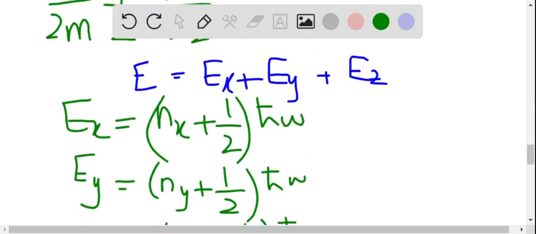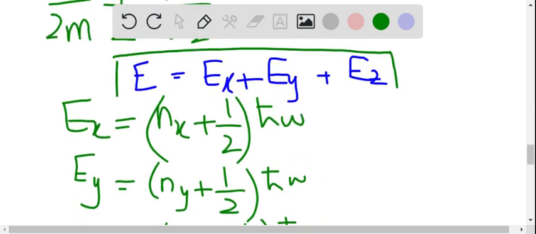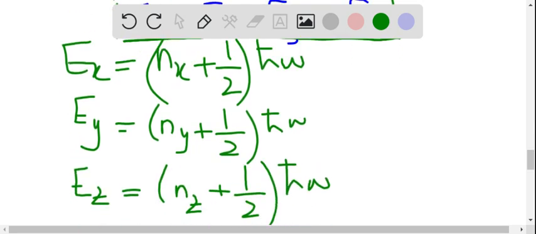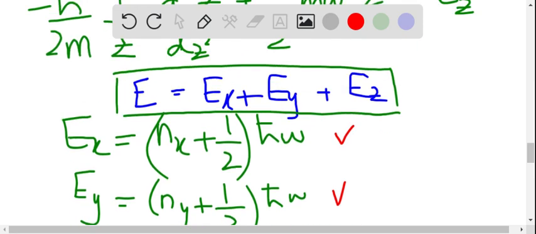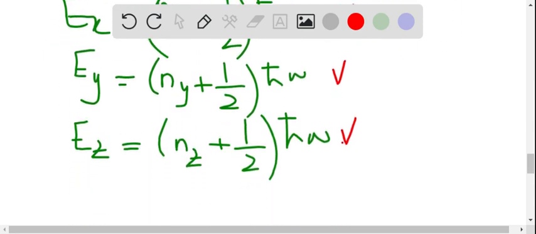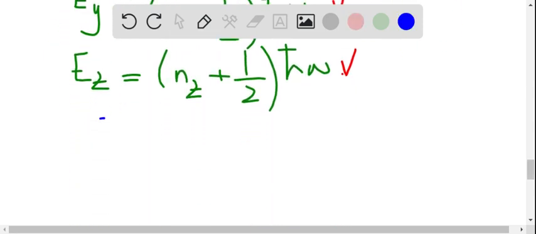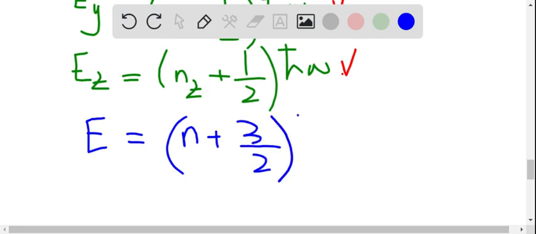And as you can see over here, we have E is equal to the sum of Ex, Ey, and Ez, right? So we are going to plug in these values of Ex, Ey, and Ez over here, so that I have an equation for the total energy. So that would be n plus 3/2 times ħω, right?